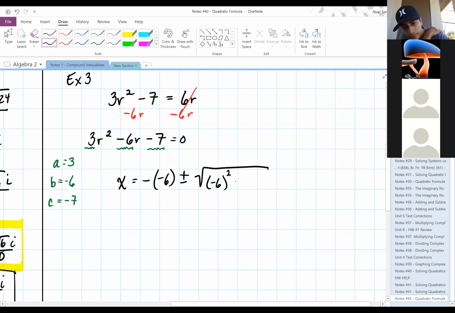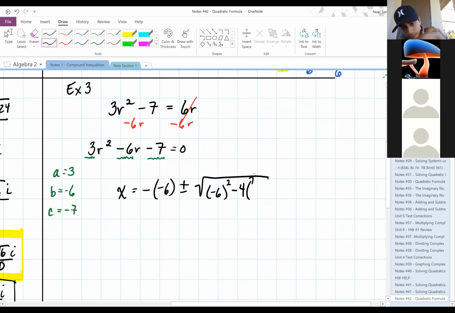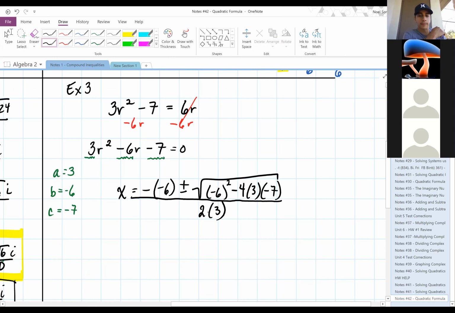Negative 6 squared minus 4 times A. A is 3, and my C is negative 7. Okay, so that's negative 7 there. All over 2 times A, and that's 2 times 3.